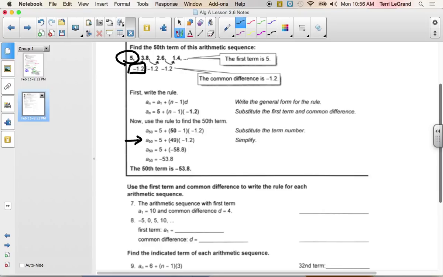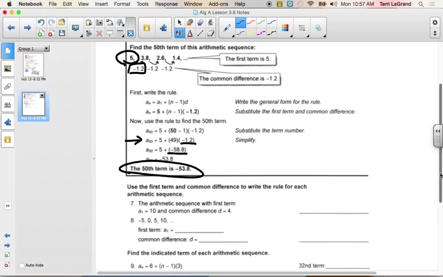Well, instead of continually subtracting 1.2, you have to do it 49 times to get to the 50th term, don't you? So you would take 49 times the negative 1.2, and you need to subtract a total of 58.8. So we add 5 and a negative 58.8 and find out that the 50th term will be a negative 53.8.